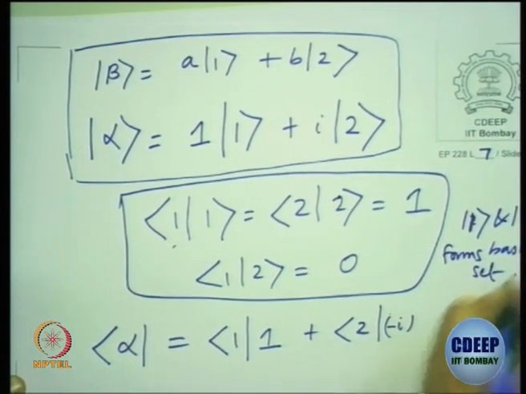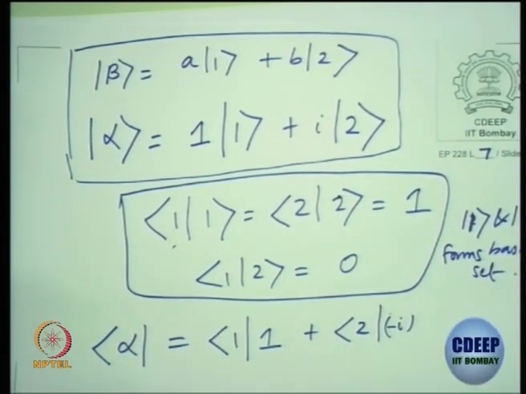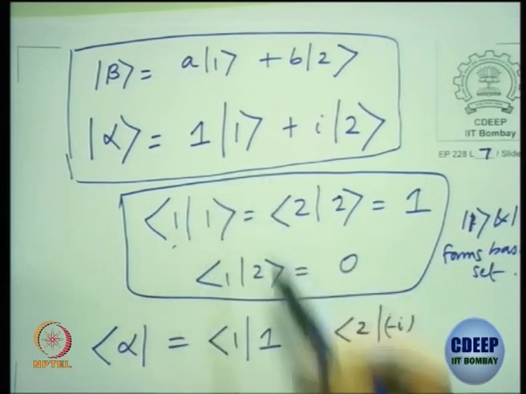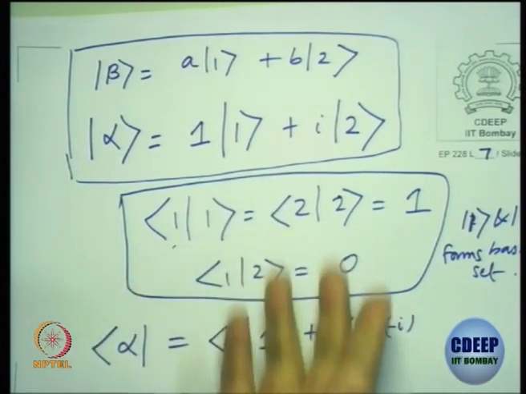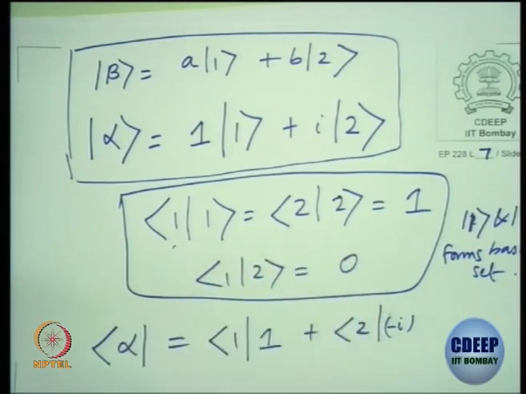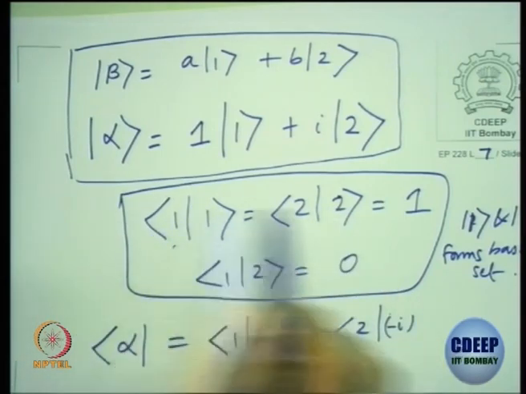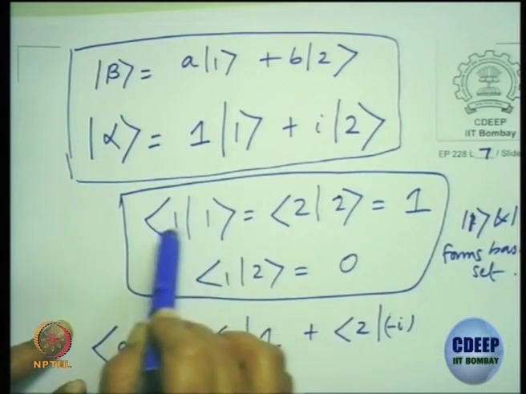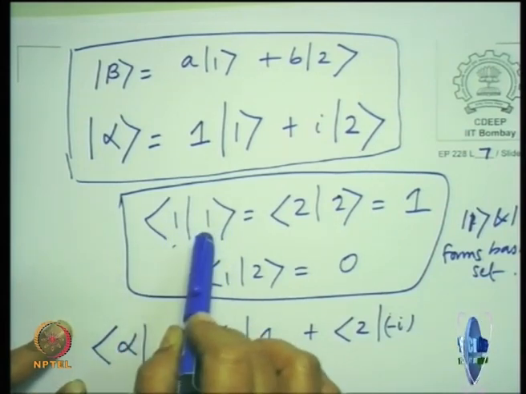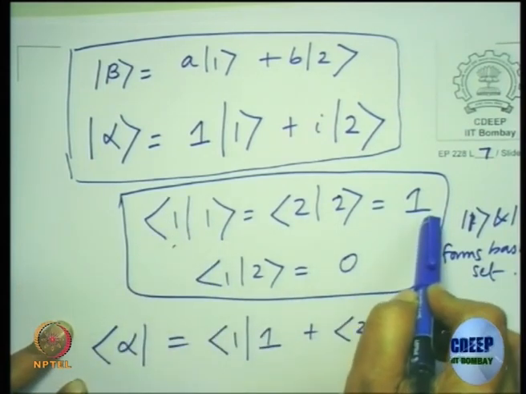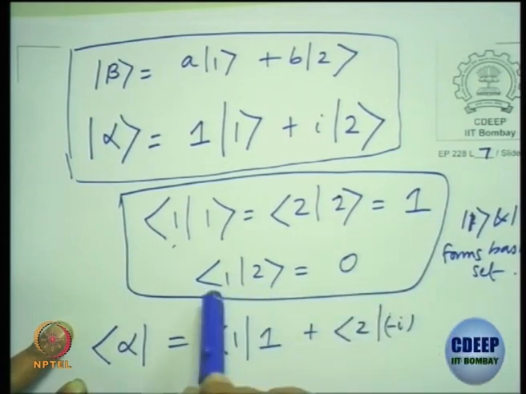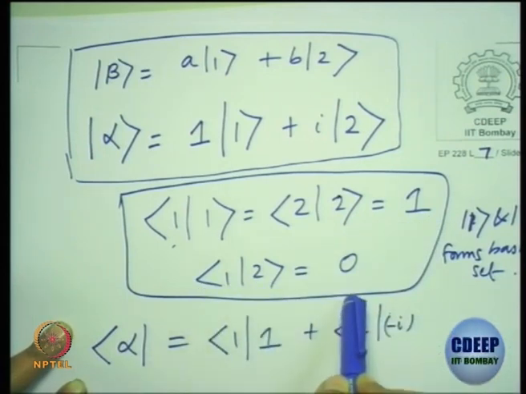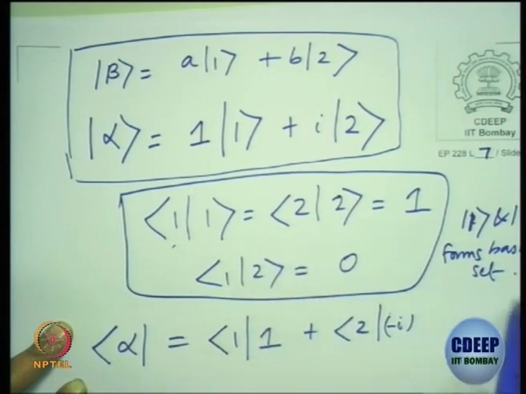You all agree? They form a basis set and they are linearly independent. They are in fact orthogonal also. It's orthonormal. The dot product of each basis with itself is 1. The dot product of these two bases is 0, which is your orthonormal basis.